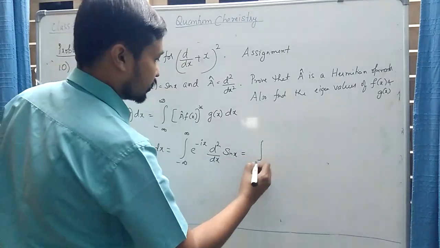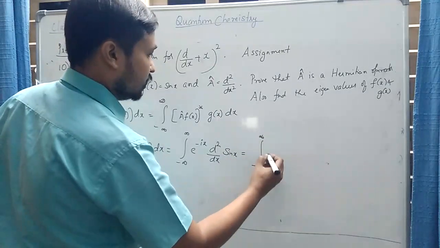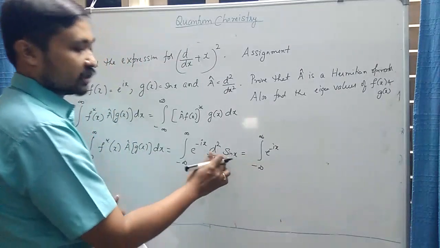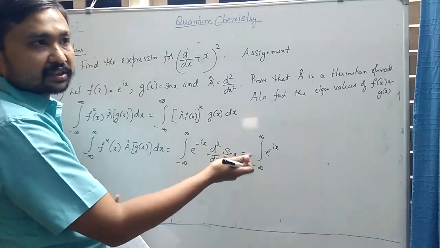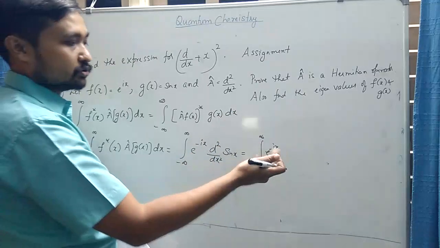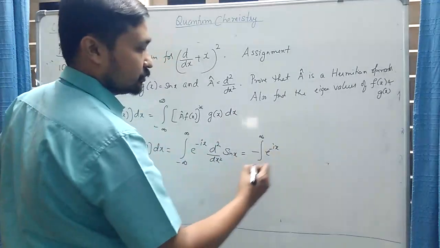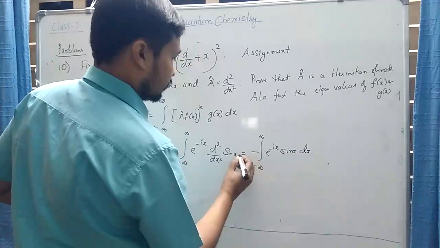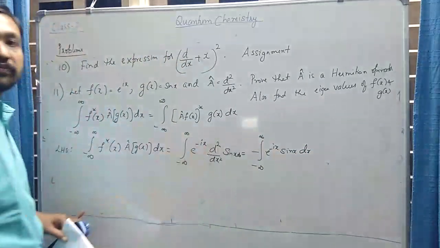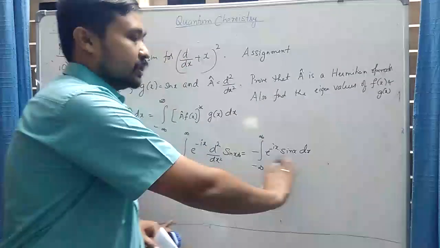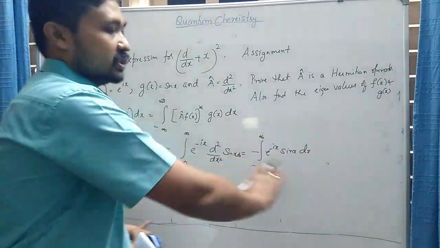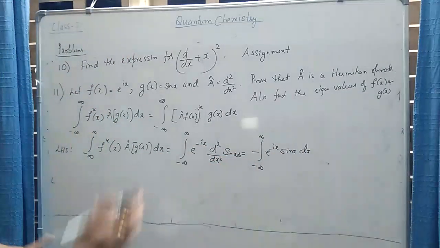This is integration from minus infinity to plus infinity of e to the power minus ix, double differentiation with respect to x of sin x. First differentiation gives cos x, the second differentiation of cos x gives minus sin x, so I will take the minus outside the integration: minus sin x into dx. We need not evaluate this integration because we are not interested in finding the final expression of this integration, so we will keep it as such.